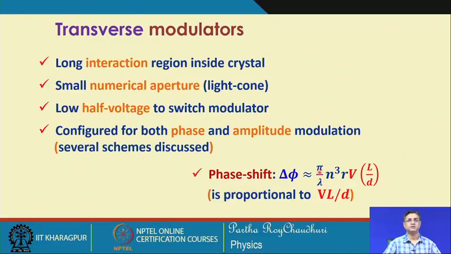But for transverse modulators, we usually require a long interaction region inside the crystal, for interaction of the light wave with the crystal, and we require a small numerical aperture, that is, the light cone, the acceptance angle of the light from the input side. This is useful because we have also studied the beam geometry to optimize and maximize the performance of the modulator in the case of transverse modulation, the transverse configuration.